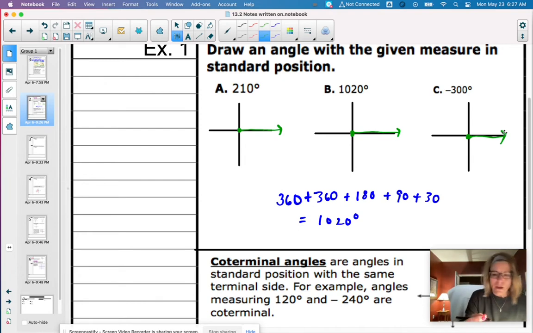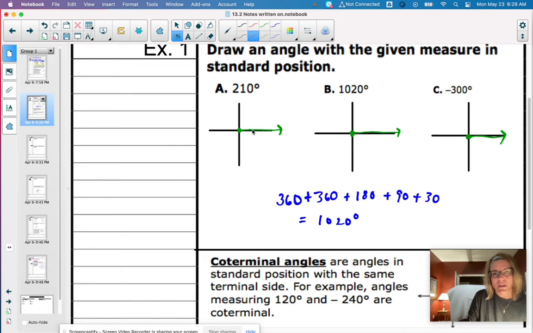All right, so now A is positive. That means I'm going to travel up. There's no such thing as a negative angle. All that means is the direction you're traveling. So we're going to start anywhere along here.